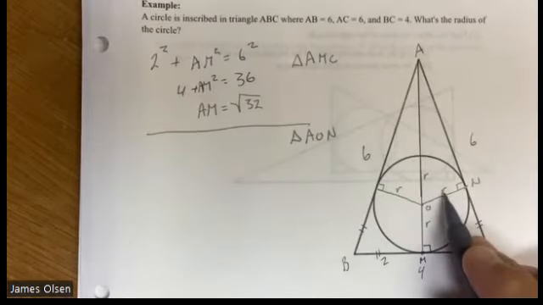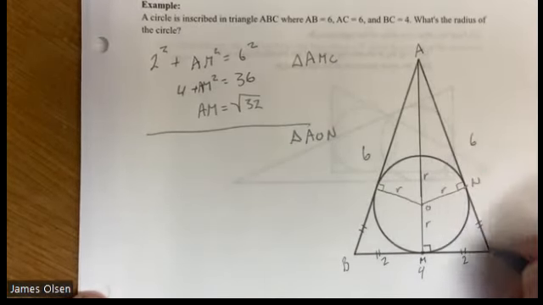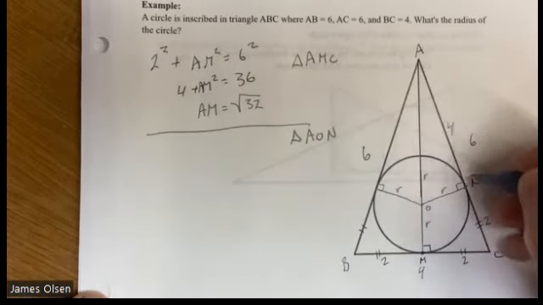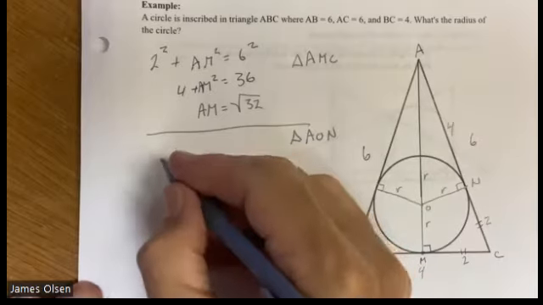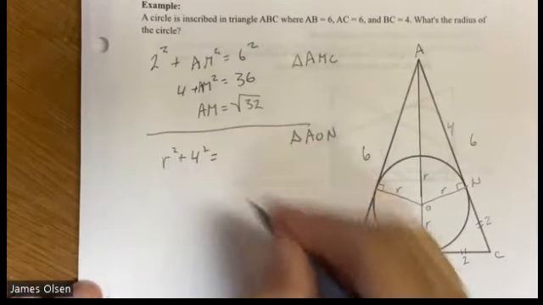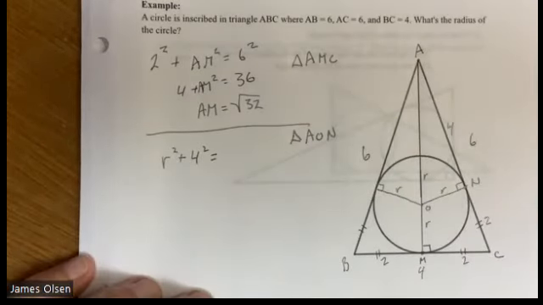So I have a leg here, a leg here. Okay, now let's see what this is. Because these two tangents are from the same point in the exterior, this is 2 and makes this 4. So I do know AN is 4. So leg squared plus leg squared is equal to the hypotenuse squared. Now, what's the hypotenuse?